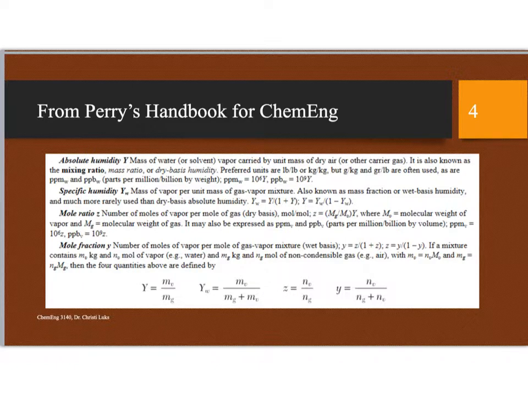But these are the definitions that they use for these various things. Now notice that they use Y for humidity instead of H. But the verbal definitions and the mathematical definitions remain the same.